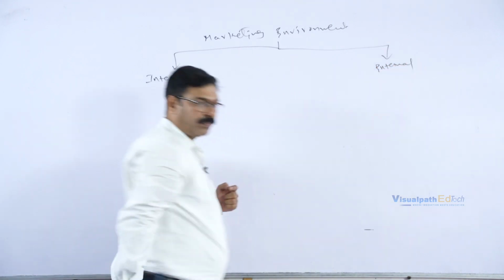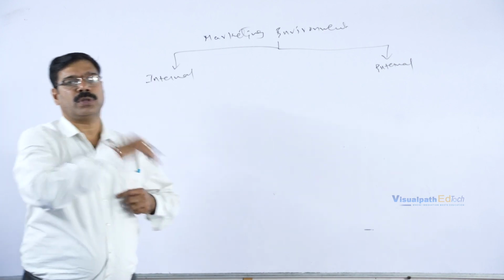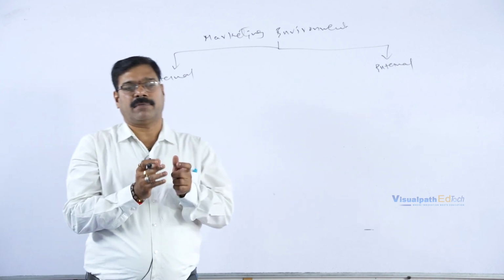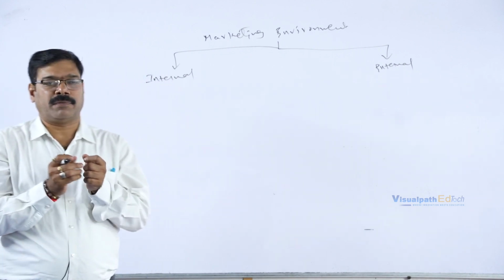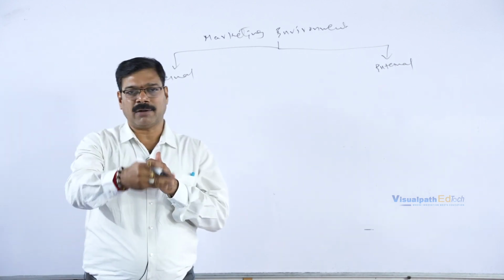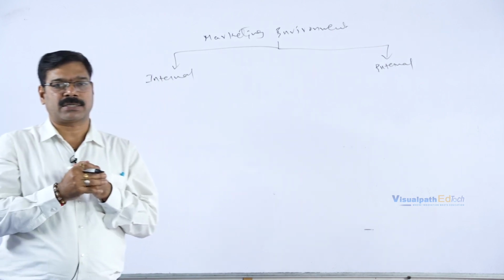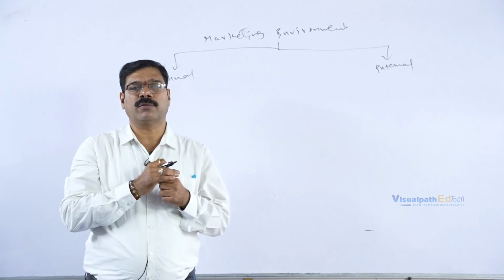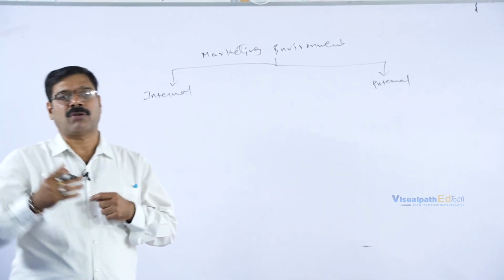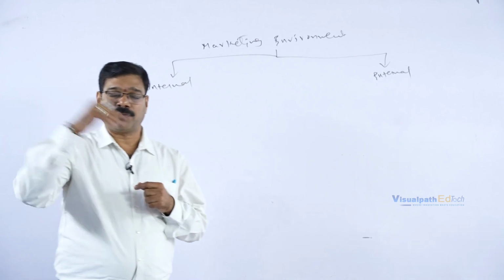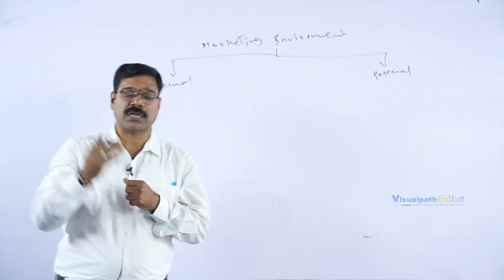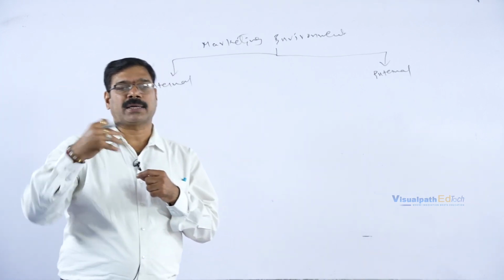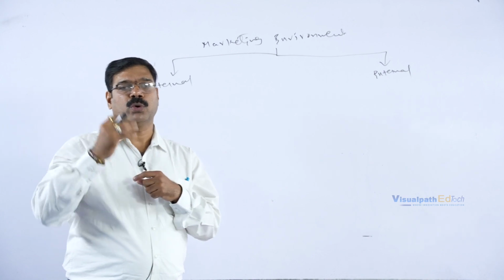It's simply like, for example, when we are with our family, there will be internal factors and external factors. If you are able to identify the internal factors which influence, it's easy for us to manage our family. And simultaneously, we need to focus on the external factors which are going to influence, so that if you want to go anywhere, these factors are also essential for us to move.